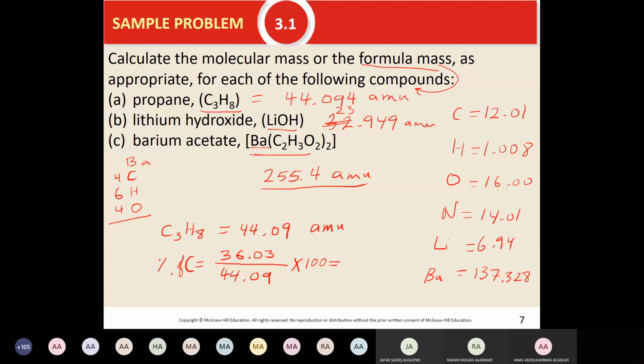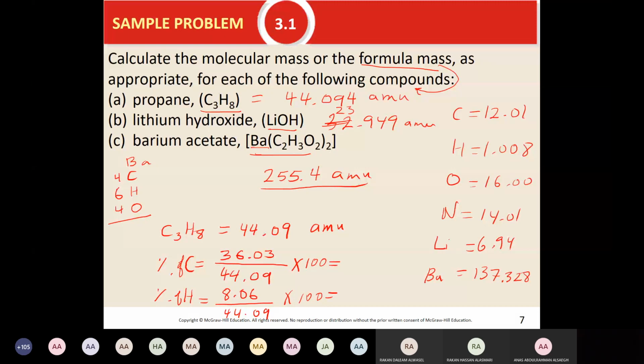Okay, what's the percentage of hydrogen? Eight over 44. 8.064 divided by 44.09 times 100.